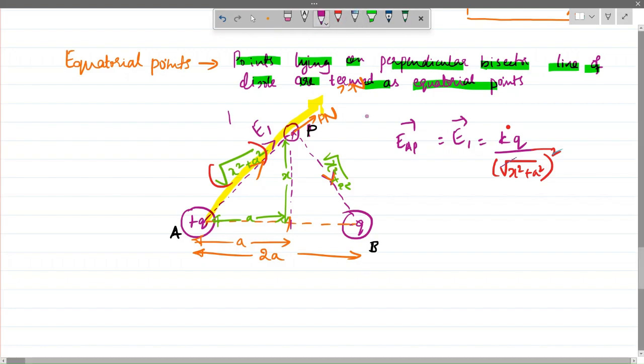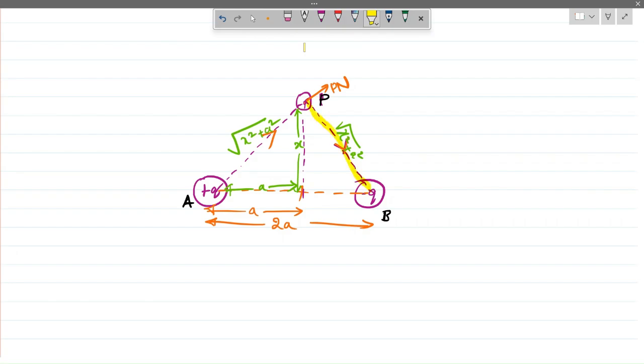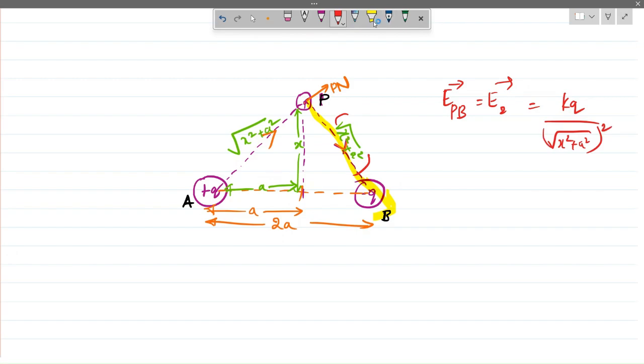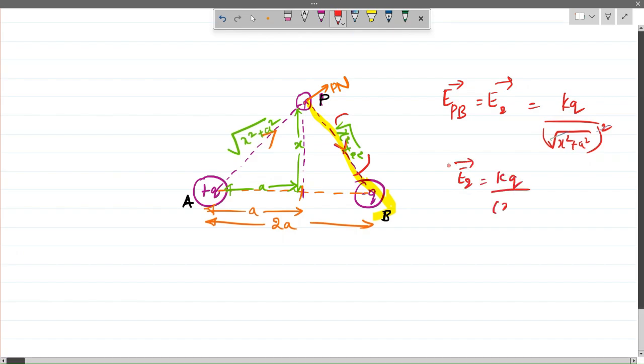We are left with E1 vector equal to k into q divided by x square plus a square. And we know that PB is acting along this direction, and this distance is also root of x square plus a square. So E along PB is E2, which is equal to KQ divided by root of x square plus a square the whole square, and this root and square get cancelled. We are left with E2 vector equal to KQ divided by x square plus a square.